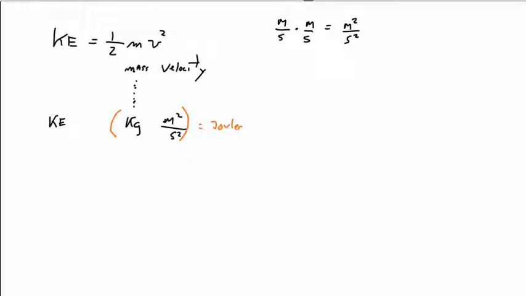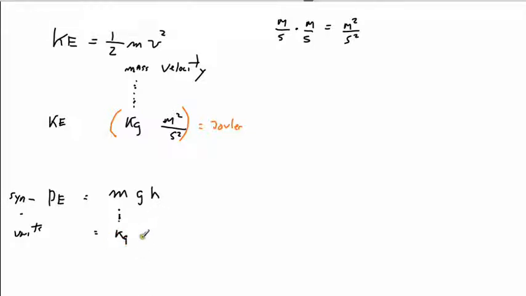Now, the second formula for energy is for potential energy, and that's equal to mass times gravity times height. Again, the symbols are right over here. The units are kilograms for mass.